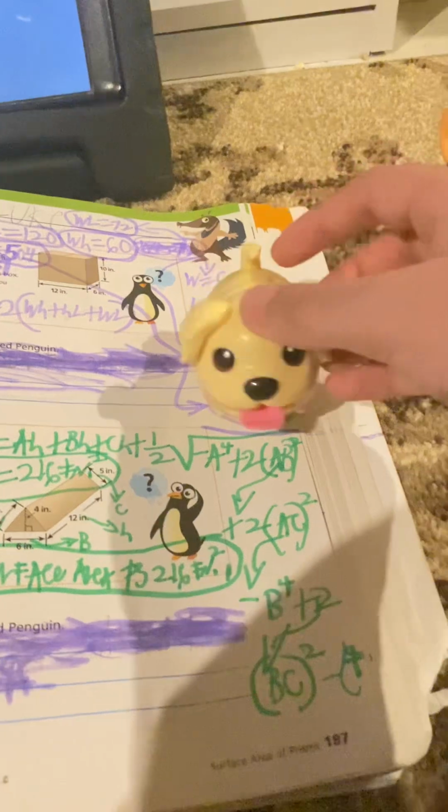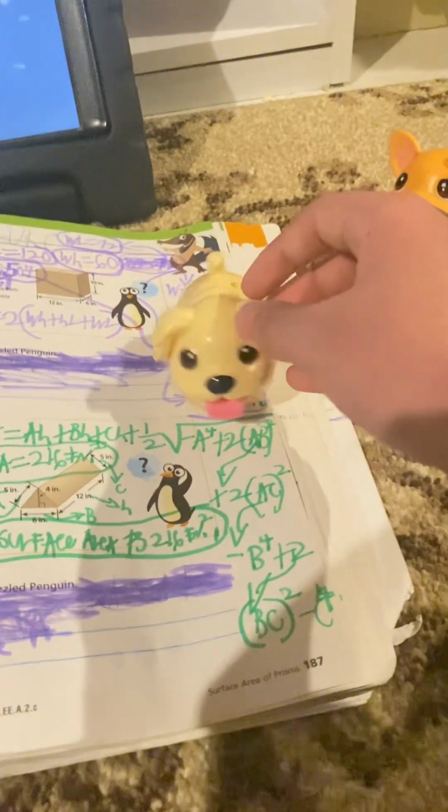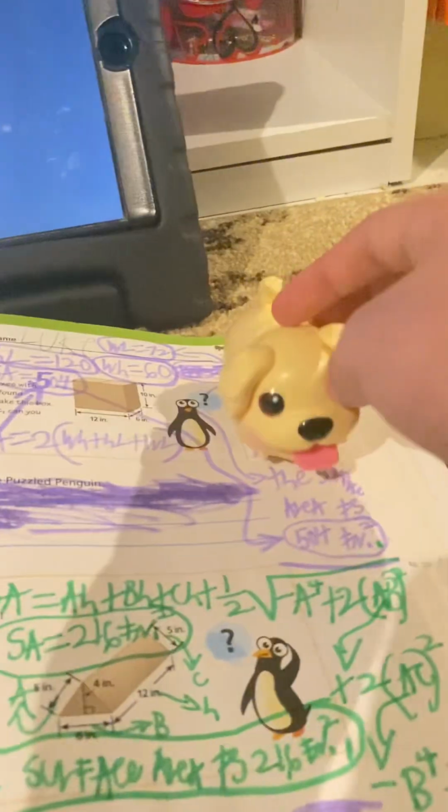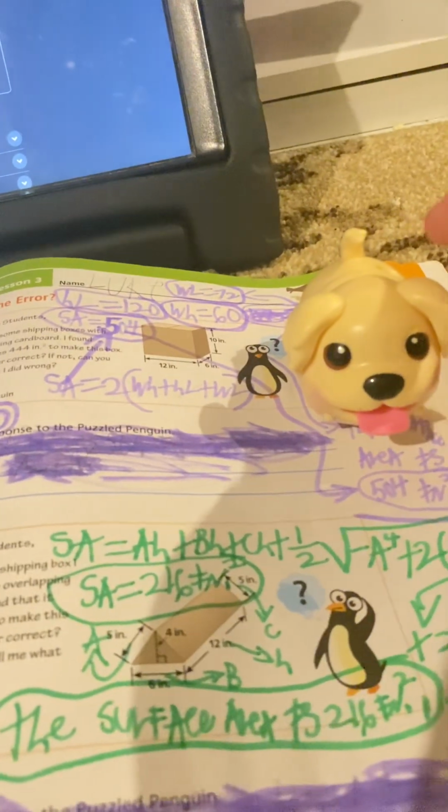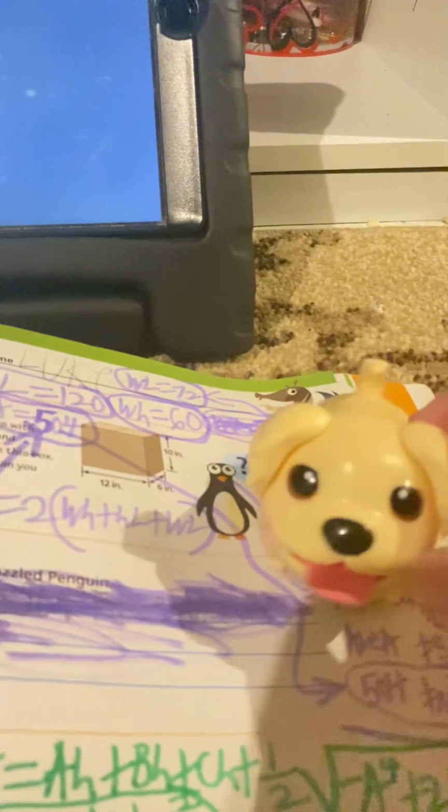A prism with 5 surfaces is known as a triangular pyramid because it has 3 lateral faces and 2 triangular bases. 3 plus 2 is 5, obviously. So, we will be reviewing how to find the surface area of any prism with 5 or more different surfaces. And it's actually very fun. It may be easier than you think.